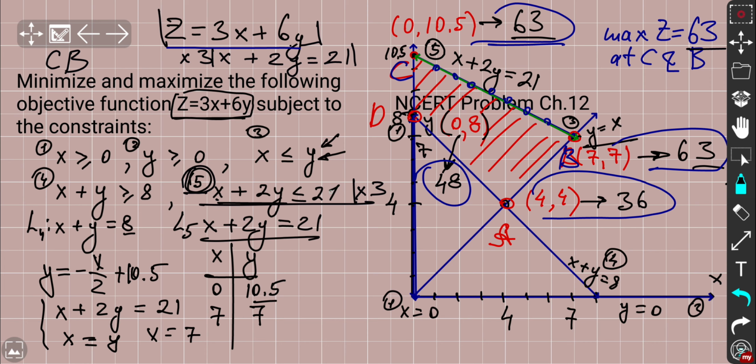And you already know the optimal value. It doesn't give you any guarantee whether it's maximum or minimum, but in this case, you definitely know that one of the optimal values, might be minimum or maximum, lies on the line x plus 2y equals 21.